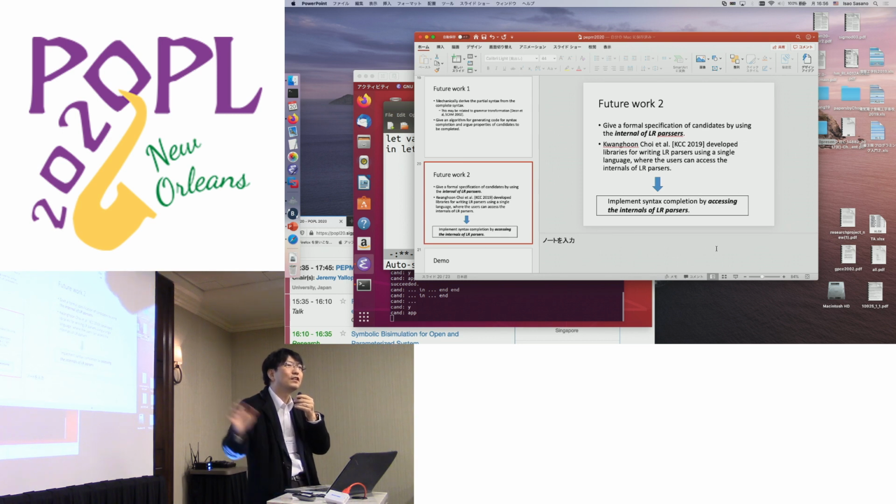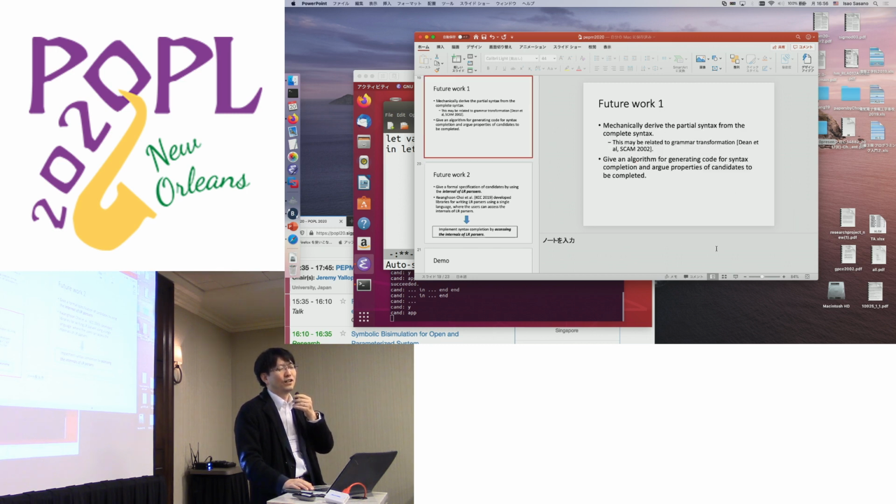No, or how can we compare them in general, whether one approach is better than another? Maybe we can compare by the properties of the candidates to be popped up.